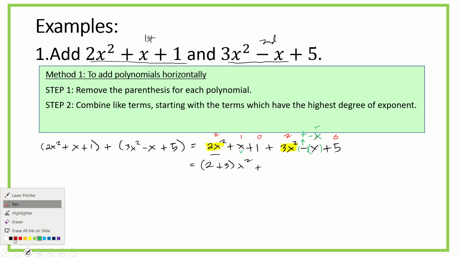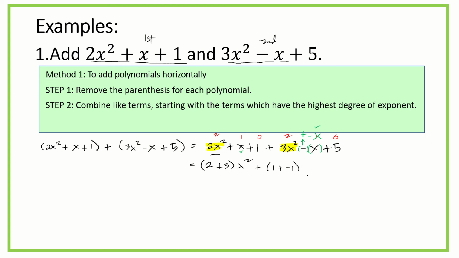So what we do now, we just combine their coefficients. The coefficient of the x, there's an imaginary 1 here, so that's a 1. Here, this is a negative 1x, so plus negative 1.